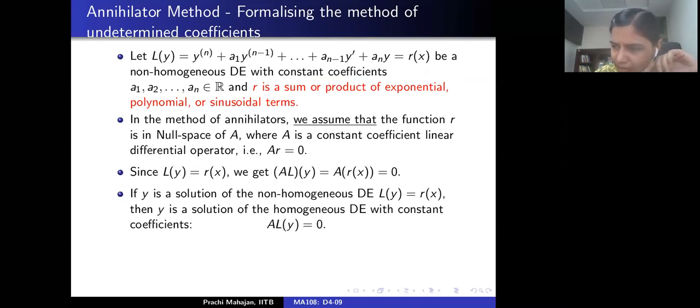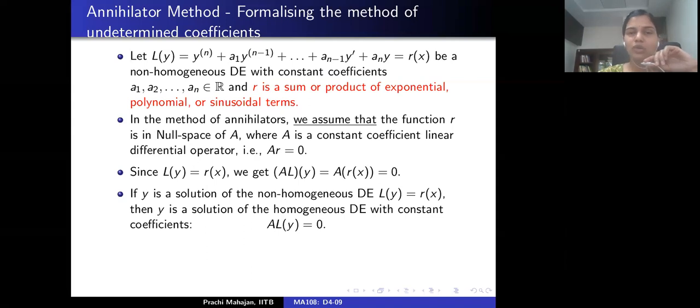Now, what is this method of annihilators doing? The method of annihilators is going to give you a systematic way of coming up with the candidate solution for the method of undetermined coefficients. That's all. This is not a new method.